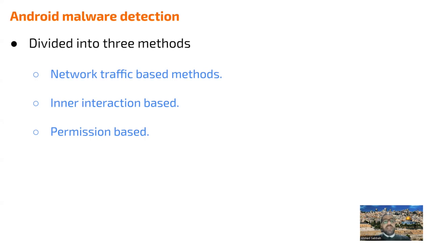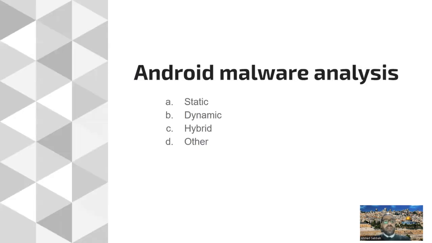The other two are inter-component interaction based and permission based. These two types of malware detection depend on the application itself and the Android vulnerability itself. It means the component interaction between them, and we will clarify more in the next slides.